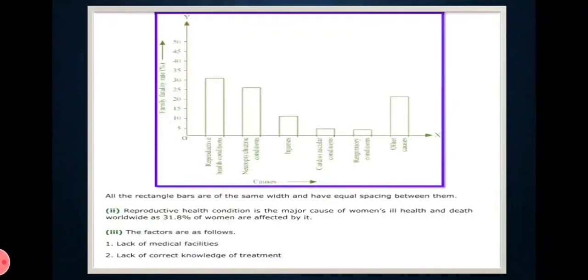So you have to mark till 31.8, that is 30. Between 30 and 35 there will be 10 lines. So you have to select 4 more lines, because 2 lines will represent 1%. So we take 4 lines, as 31.8 is nearly 32.